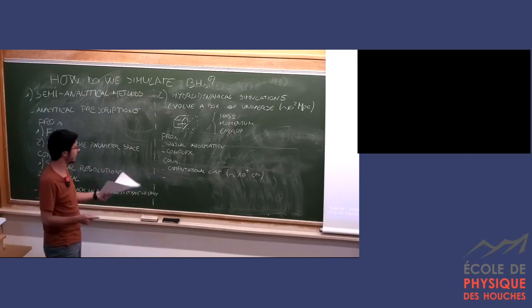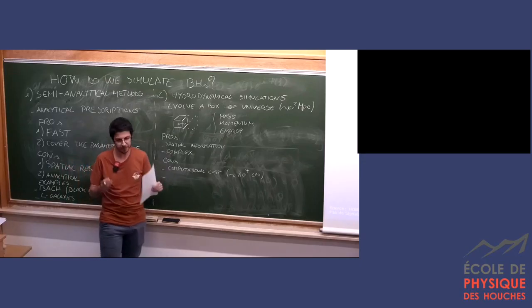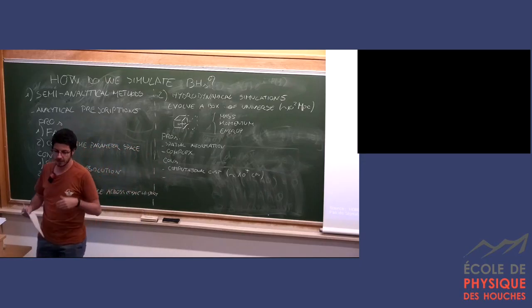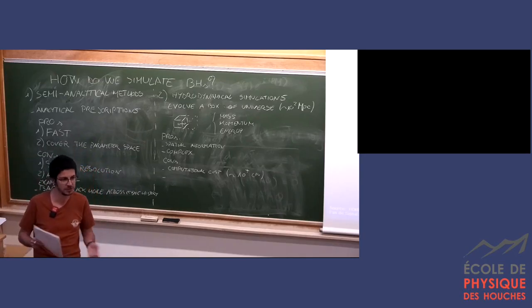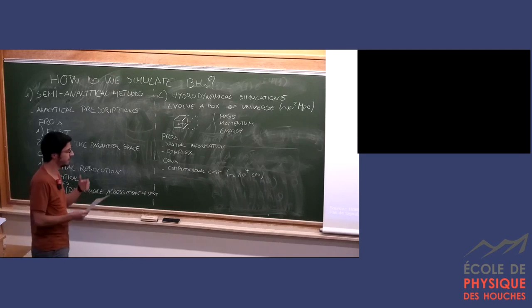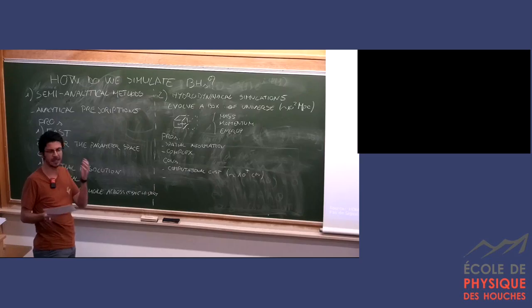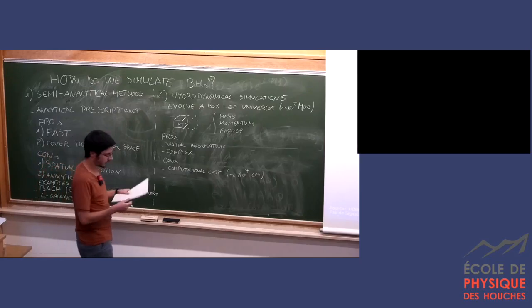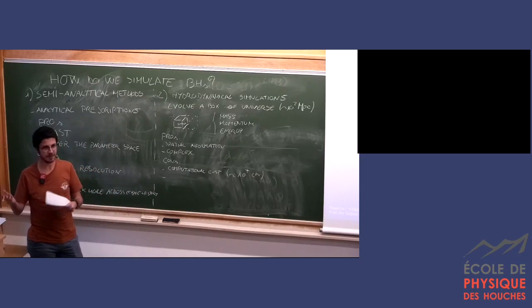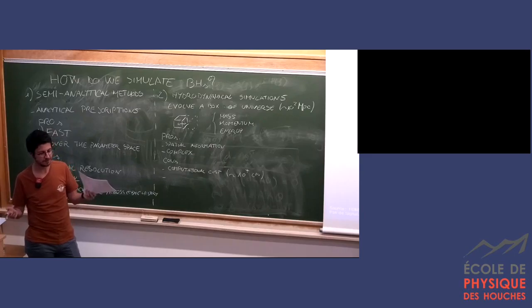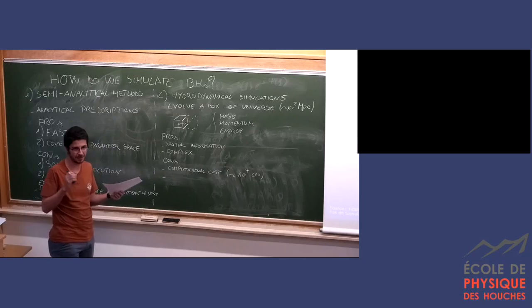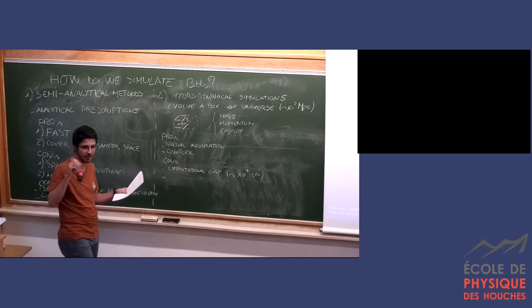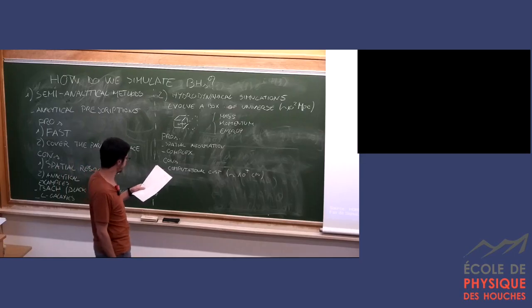Or you can focus on a specific part of the universe, and then lower the resolution of the simulation, up to, well, the best one at the moment, I think, is like 50 parsec. A galaxy is 10 to the 5 parsec, so you can resolve a galaxy, but this was really an ad hoc simulation, just to push down the resolution.